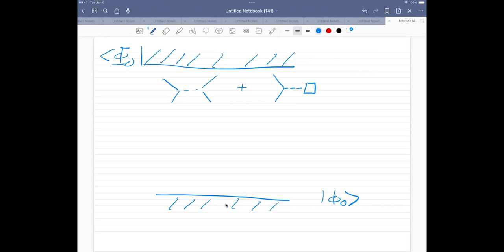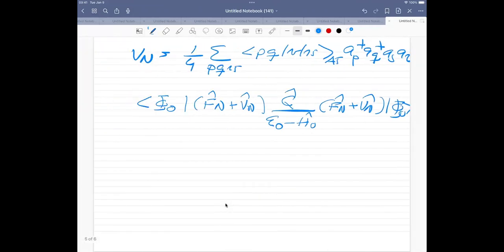And the way we can think of this, if we go back to the expression, is that these operators act on the ground state and produce an intermediate state. Then the interaction acts again on this intermediate state and brings us back to the ground state.